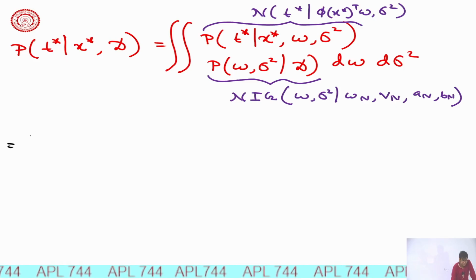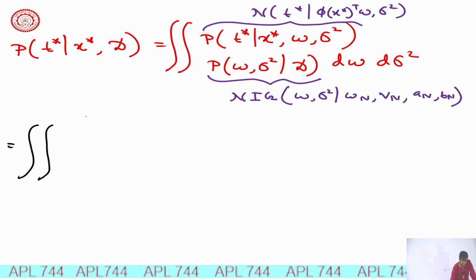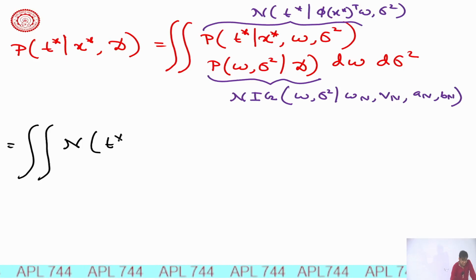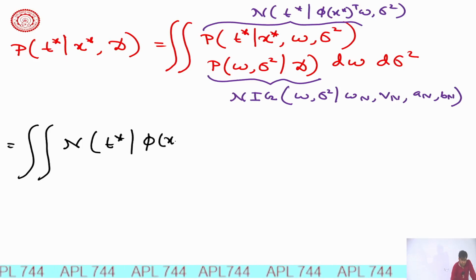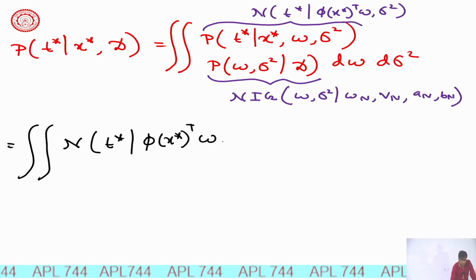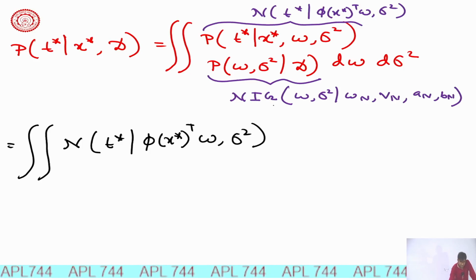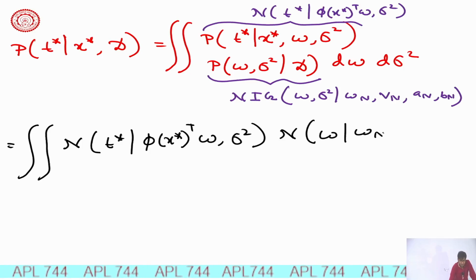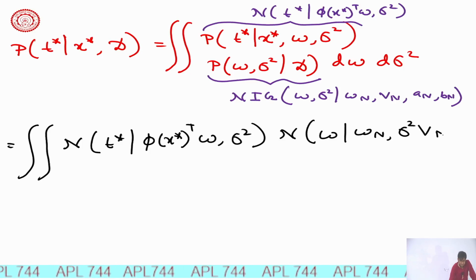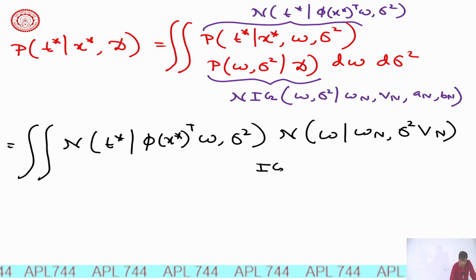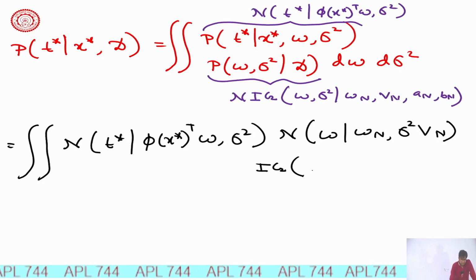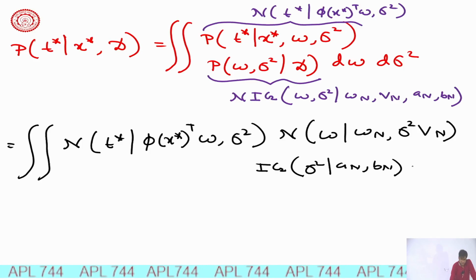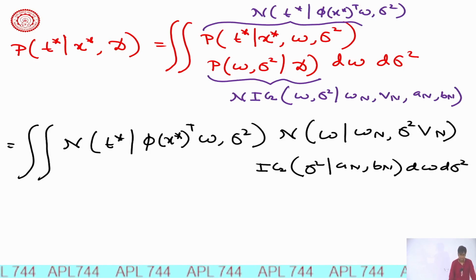So this is equal to the integration of Gaussian T star given phi of x star transpose W comma sigma square, and then Gauss inverse gamma, which is Gauss times inverse gamma: Gauss W given Wn comma sigma square Vn, multiplied by inverse gamma of sigma square given An comma Bn, dW d sigma square.